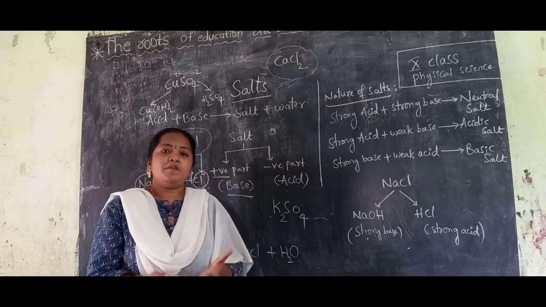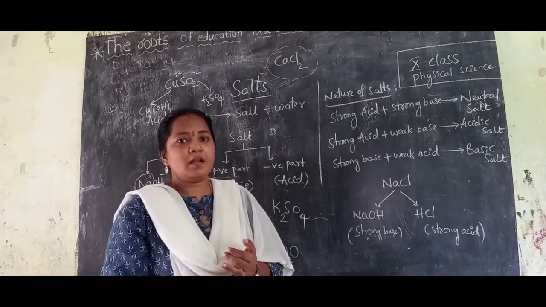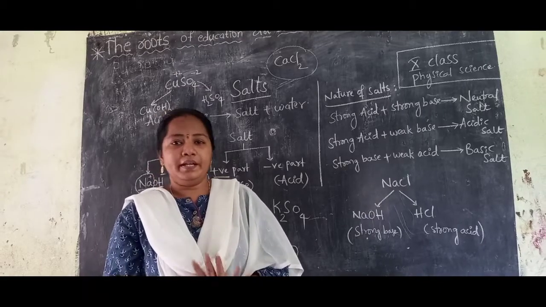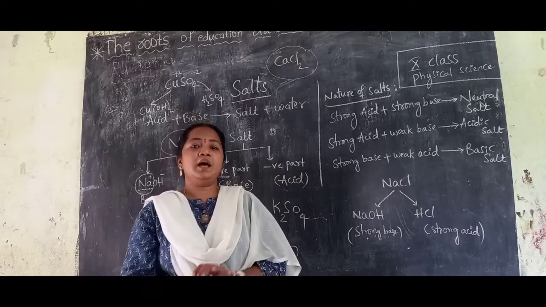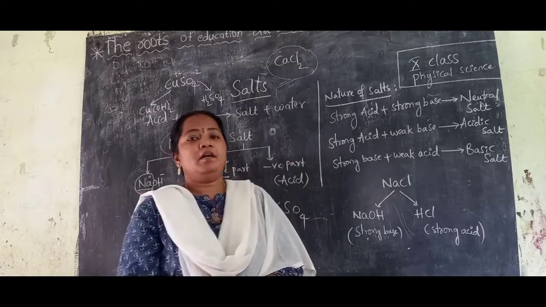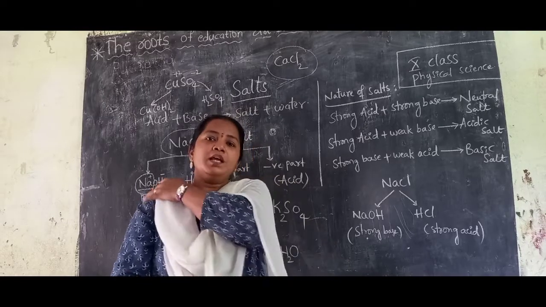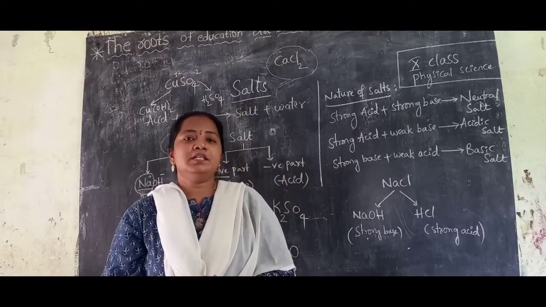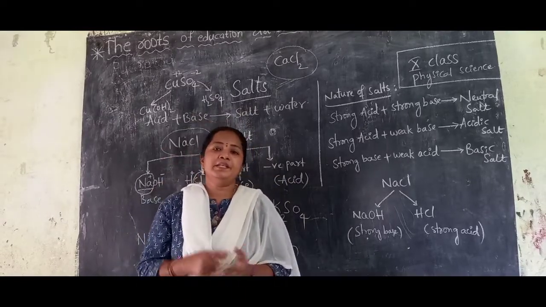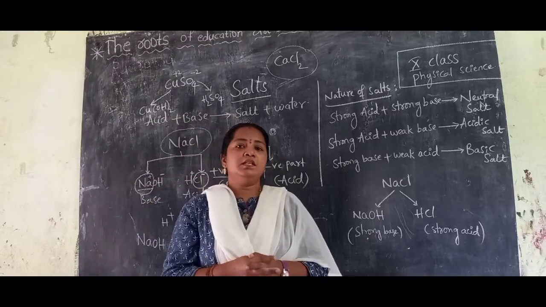Then we can also find out the pH of salts by using litmus paper or by using universal indicator. We can test the pH of the salts. In the previous class, I explained to you about pH. The pH scale was introduced by the scientist called Sorensen, and pH is the negative logarithm of hydrogen ion concentration in the solution.